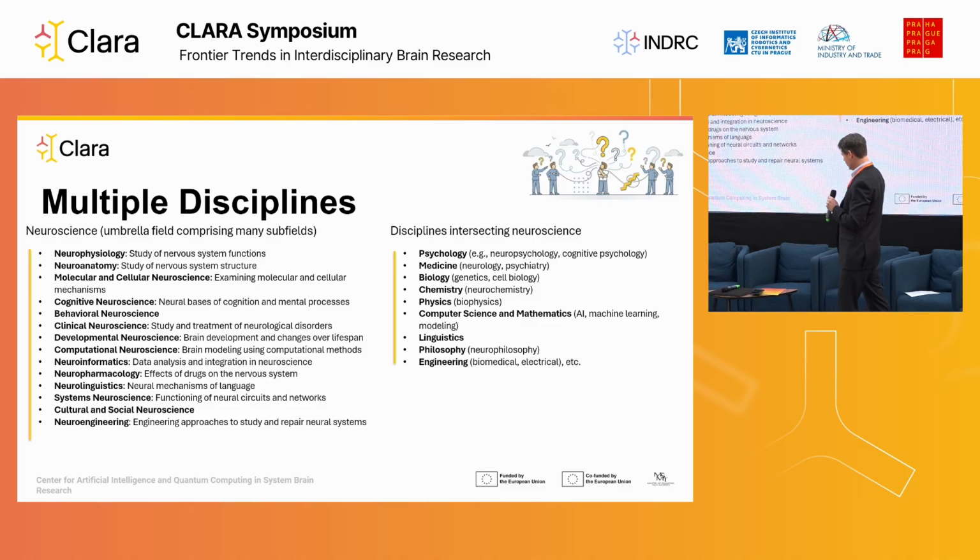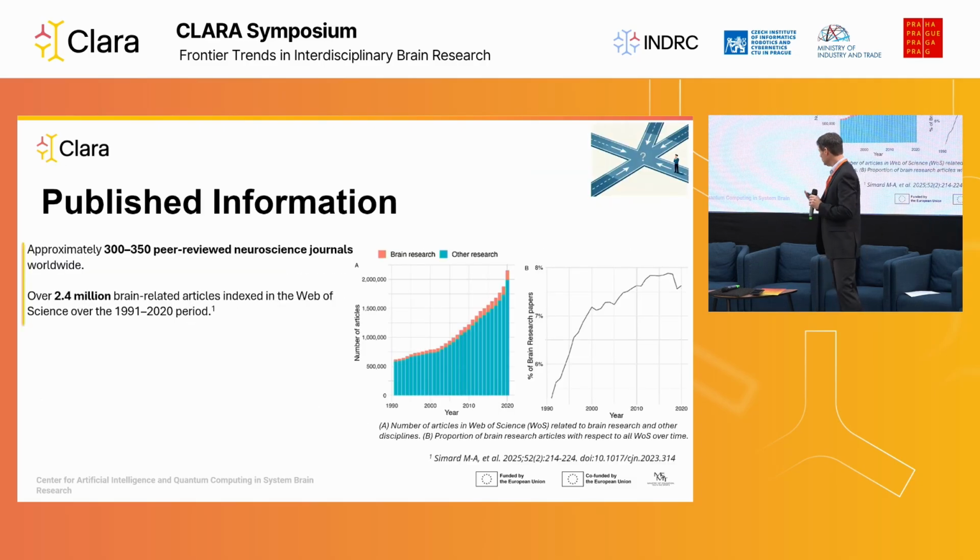And all of these have produced, over many decades, a lot of information, a lot of data. Roughly 300 to 350 journals are linked to neuroscience, with over 2.4 million brain-related articles published. And again, this is not going to stop here; it's only increasing.